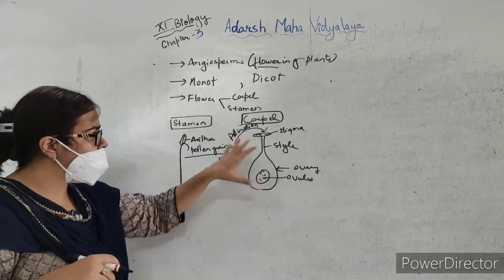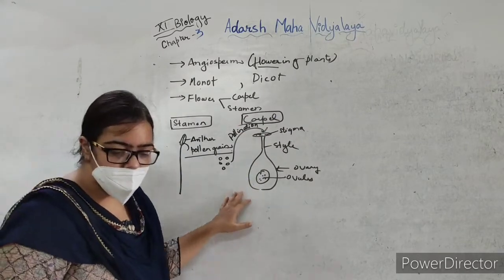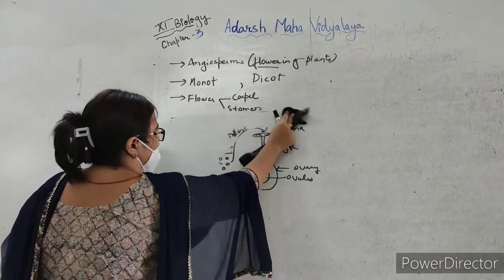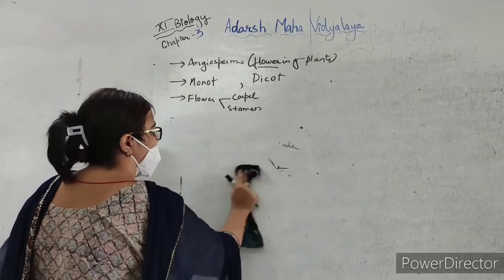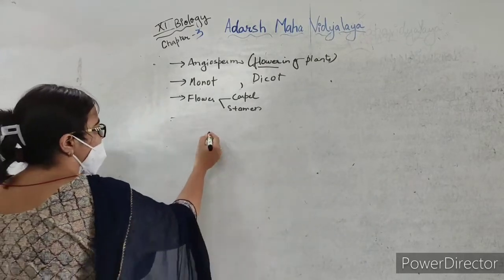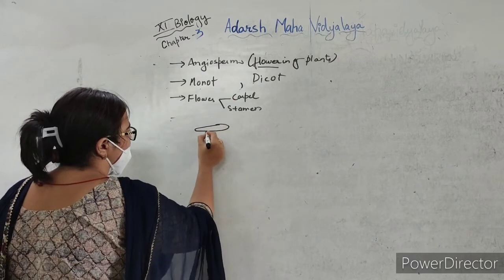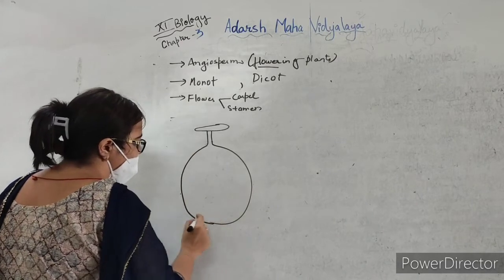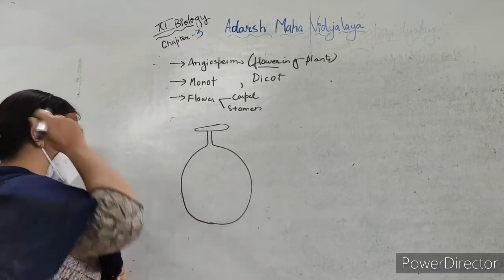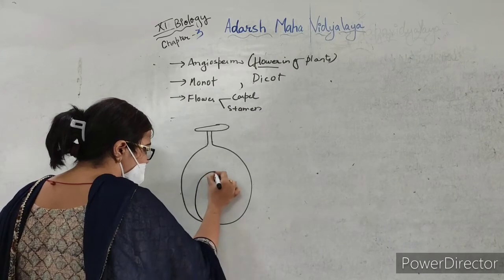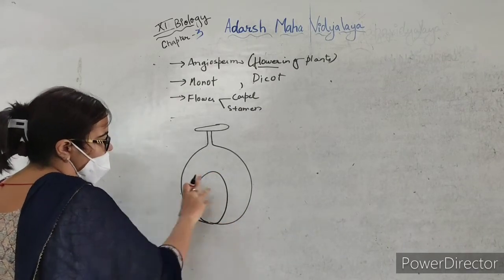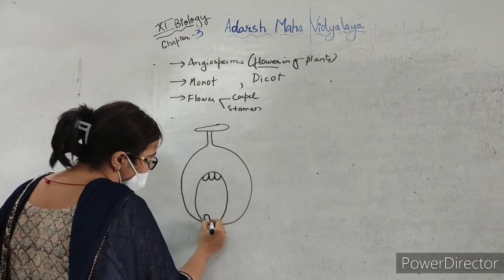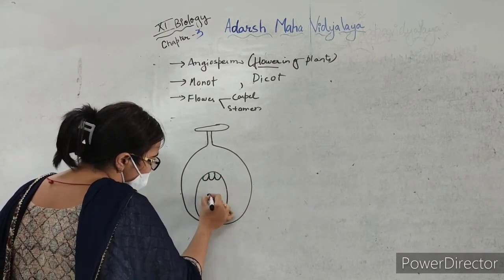We cannot say that the neem pollen will fertilize the guava pollen. It will not happen like that. It has to be the same species. Now we will talk more about the female structure, that is the carpel. This was the stigma, this was the style, and this is the ovary. In the ovary you will see an egg apparatus, in the ovule, in which you will have 3 cells here, 3 cells here, and 2 cells here.